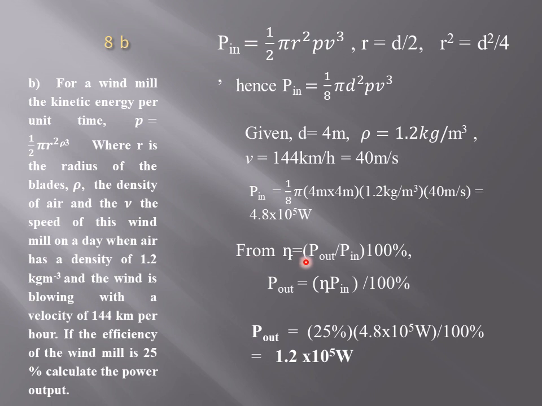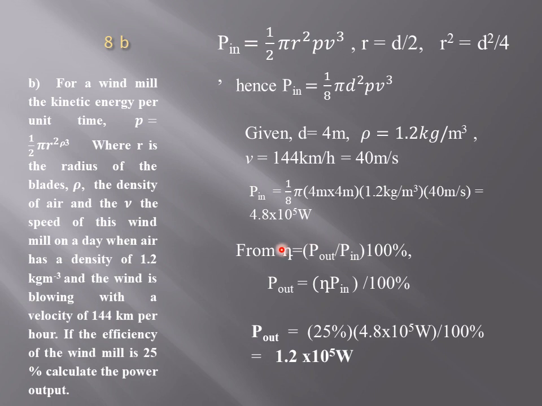Now, since we already know that efficiency is equal to power output on power input multiplied by 100, then we work out the power output, which is just equal to the efficiency times the power input divided by 100, because we want to make power output the subject of the equation.